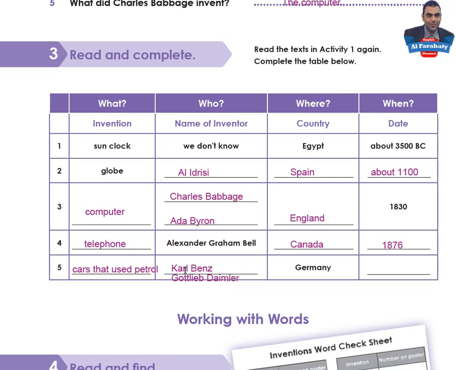Carl Benz invented the first car in 1885 and Gottlieb Daimler invented his car in 1886. And it was a better car. That means it was better than the car that Carl Benz invented.